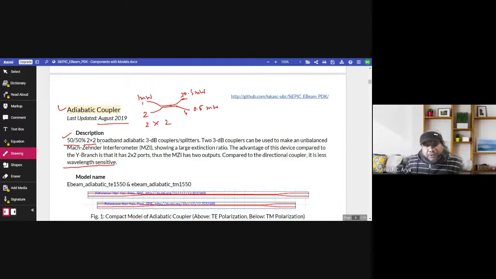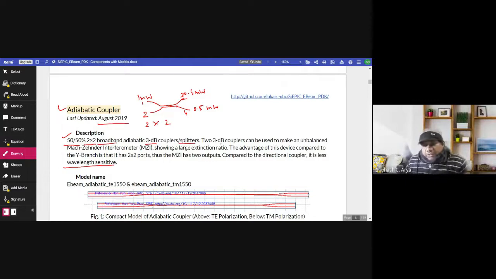So that is why broadband. Adiabatic means we can change, let us see whether we can change this coupling length etc. 3 dB again means half power point couplers. So this can be used as a coupler as well as a splitter device.